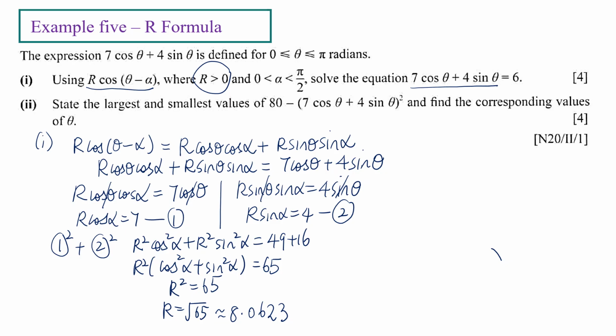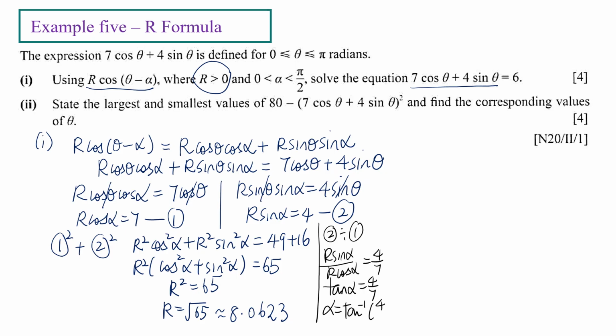I would have to find my alpha, right? So to find my alpha, I would just take equation 2 divided by equation 1. R sine alpha divided by R cos alpha gives me tangent alpha. So alpha will be tangent inverse 4 over 7. That will be approximately 29.74.